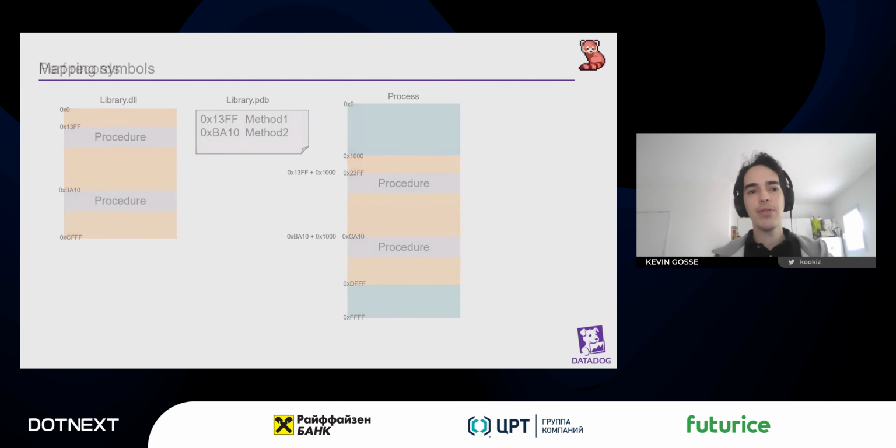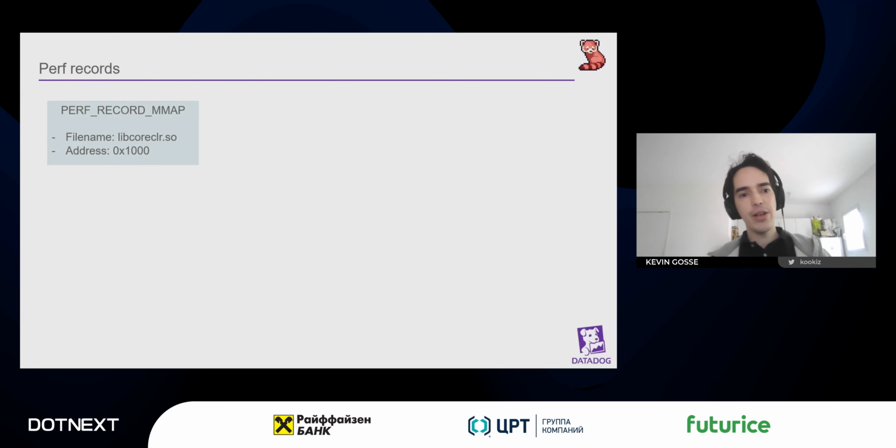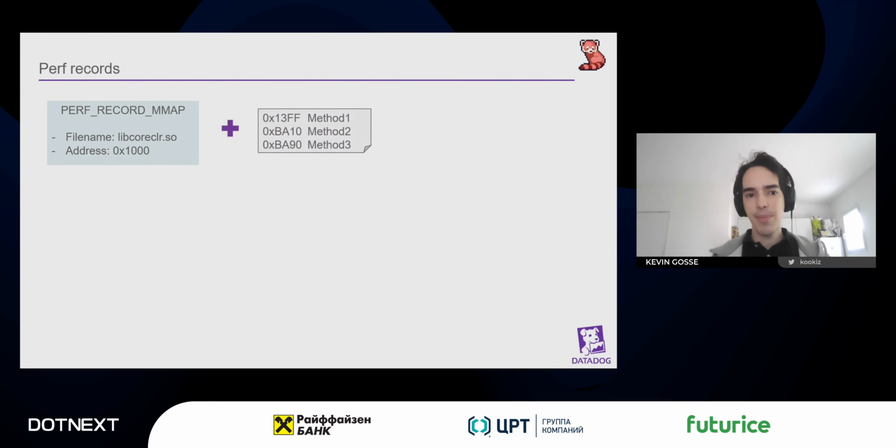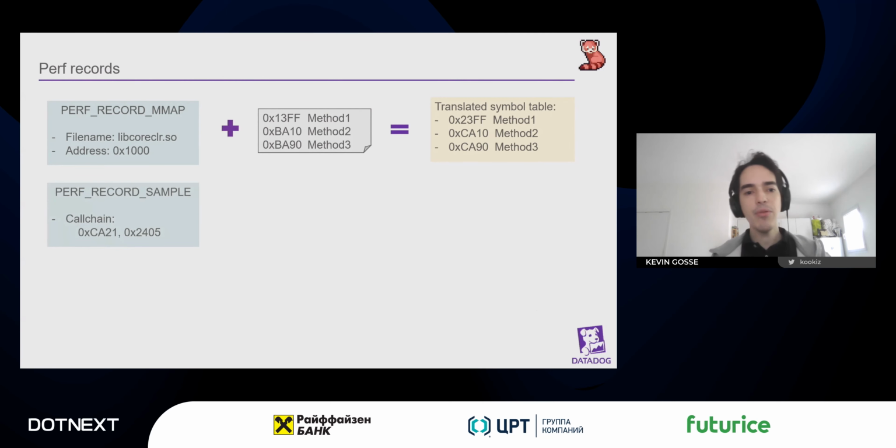Okay, so to put everything together, how do we get all that information? First, we have the mmap record, which is going to tell us that libcoreclr is loaded at address 1000. When we receive this event, we're going to find the symbols for coreclr and create an in-memory table where we are going to say that at 23ff of the target process, we will find method 1, and so on. And then we will get a stream of sample records, which contain a call chain, which are just memory addresses.